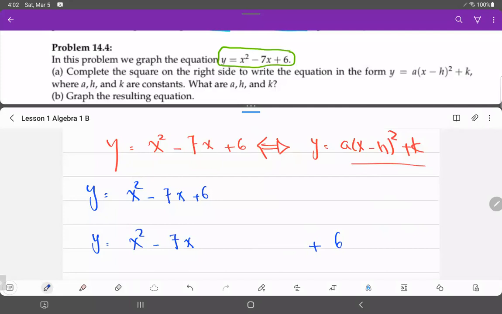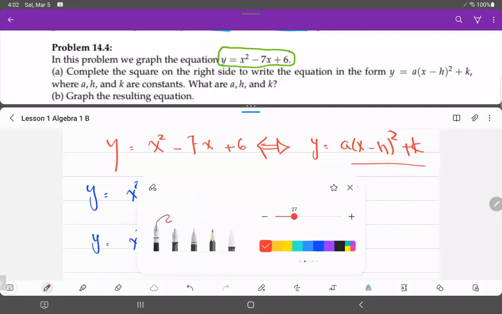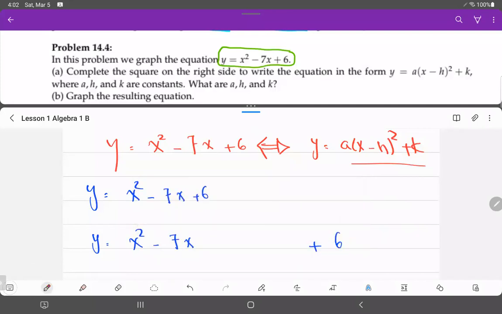And if you remember what we used to do, we used to add, right? We used to look at this number, divide by 2 and square it.